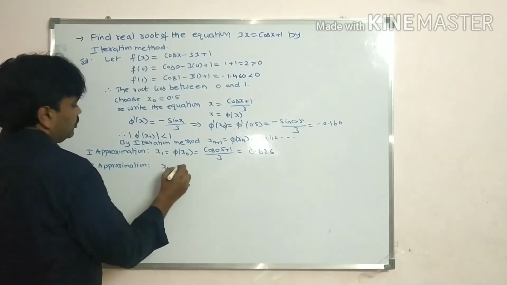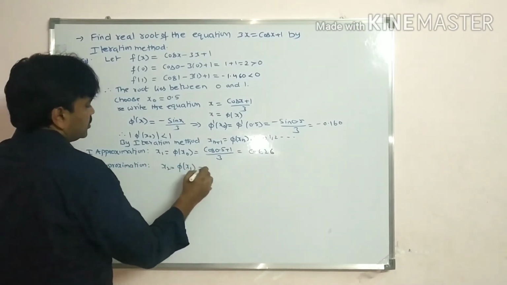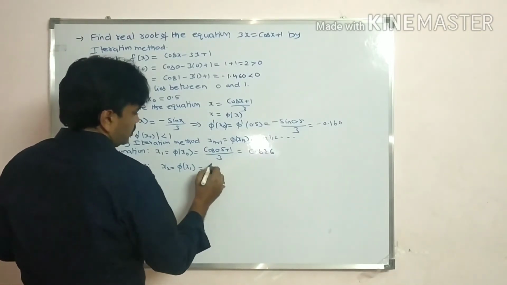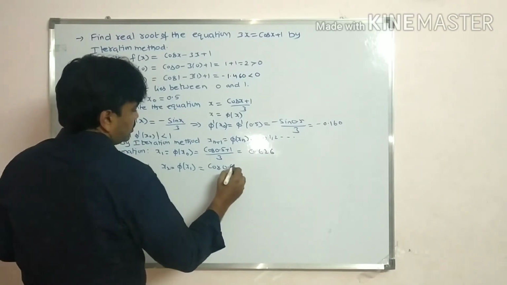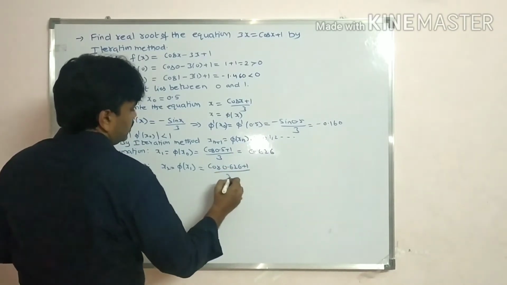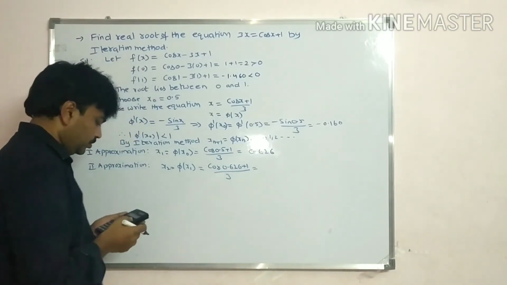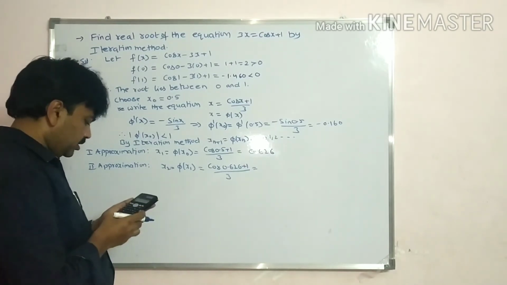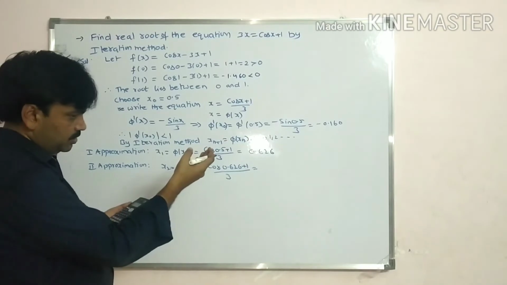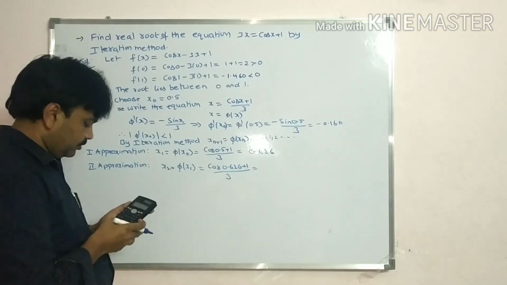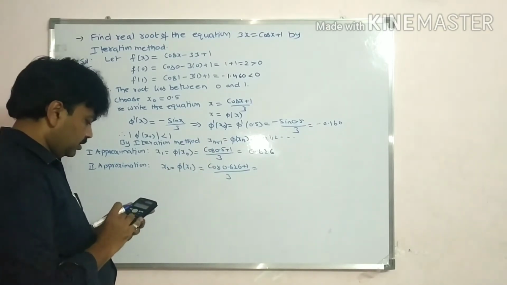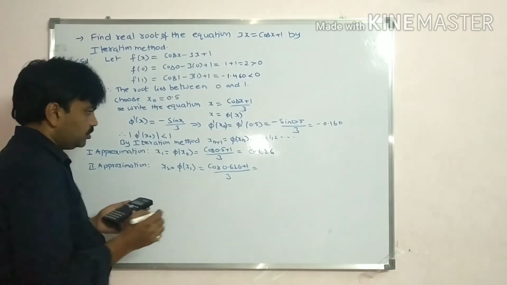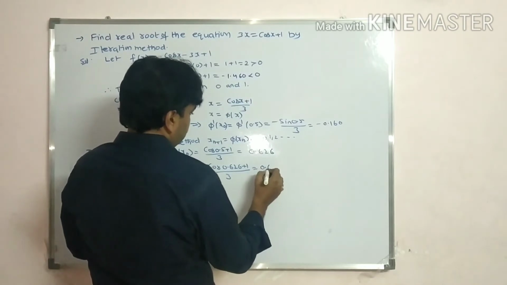Now the second approximation. x2 is equal to phi of x1, students. What is x1? 0.626. So (cos 0.626 plus 1) by 3. You press answer, students, and we get directly 0.626, plus 1 bracket close divided by 3. We get 0.603.